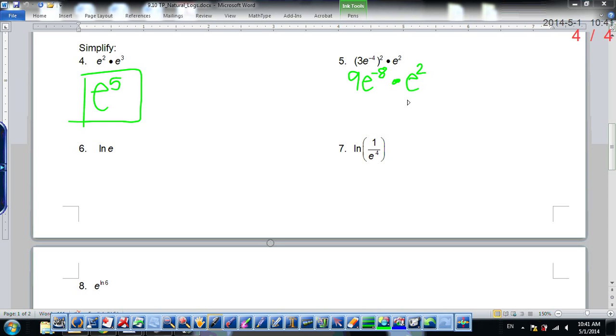Okay, what would we do next? Negative 6. 9e to the negative 6th, because we add our exponents. But do I like to leave negative exponents? No. So how do I rewrite this without a negative exponent? Okay, so keep the 9 on top, so it'd be 9 over e to the 6th.